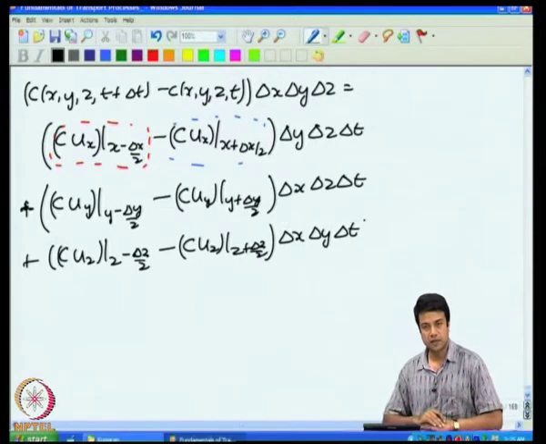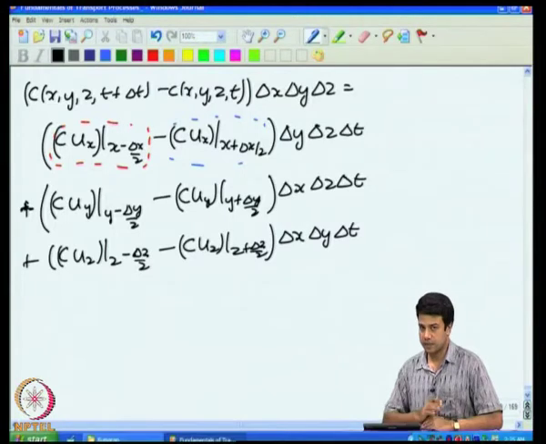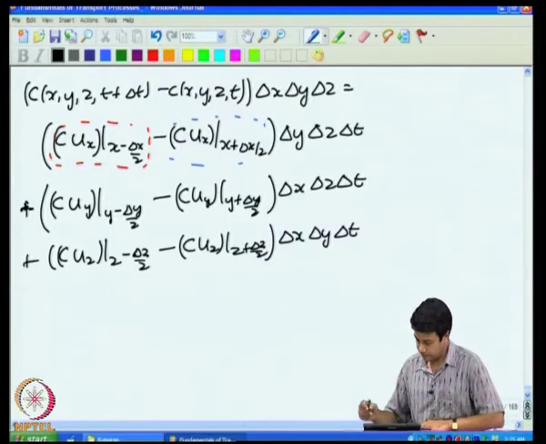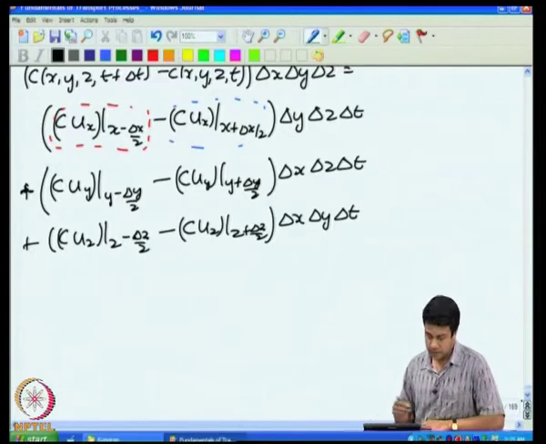So, this is the convective part of the fluxes coming into and out of the differential volume. Okay. And then there is the diffusive part.